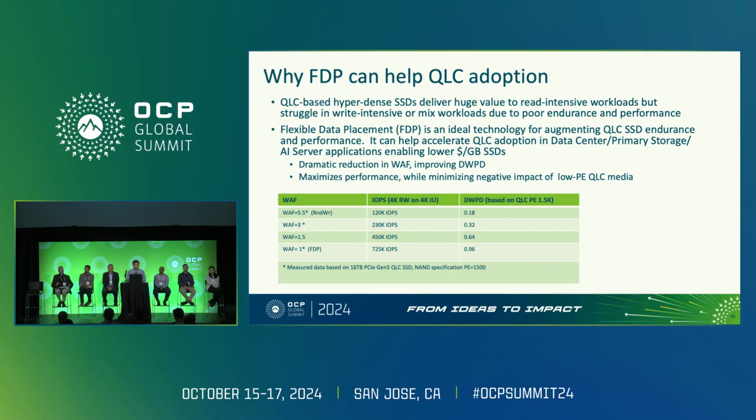It can help accelerate QLC adoption in data center, primary storage, and AI application, enabling low cost per gigabyte SSDs. It can dramatically reduce the WAF, improve DWPD, and maximize performance while minimizing the negative impact of low PE cycle QLC NAND.